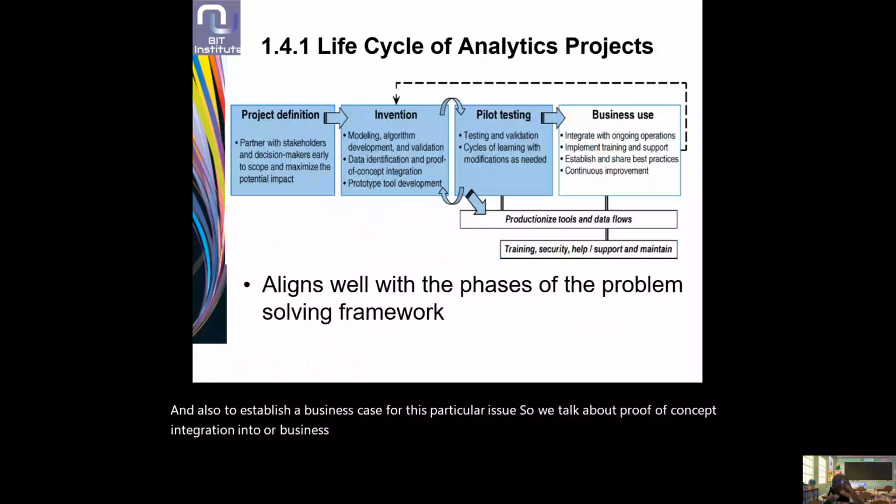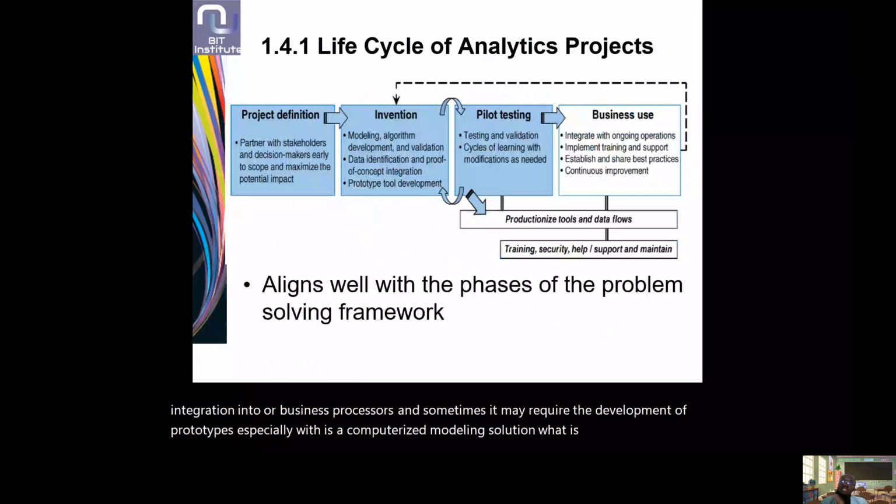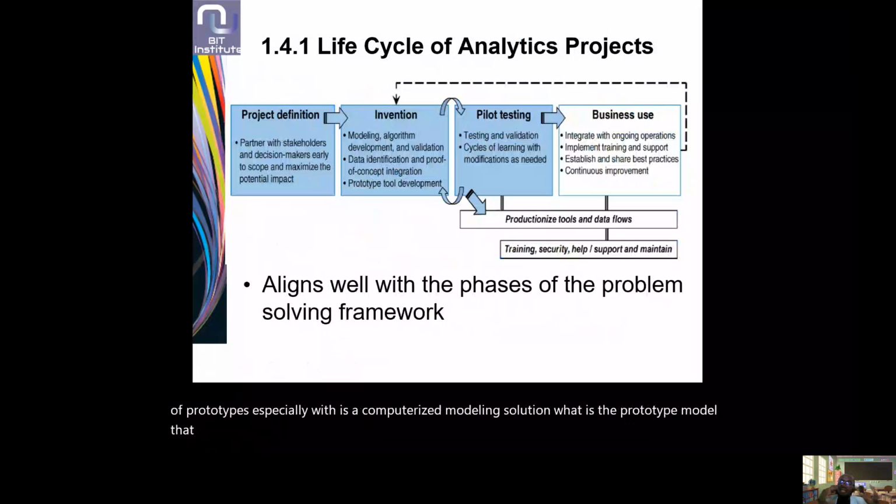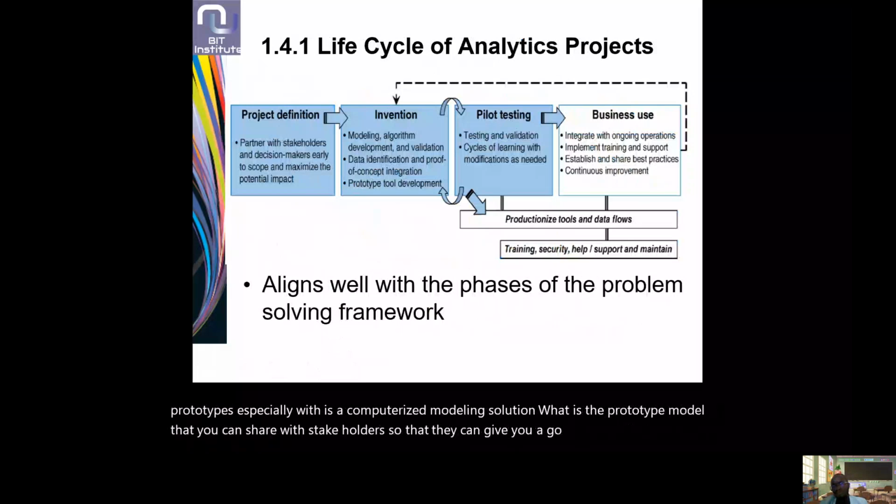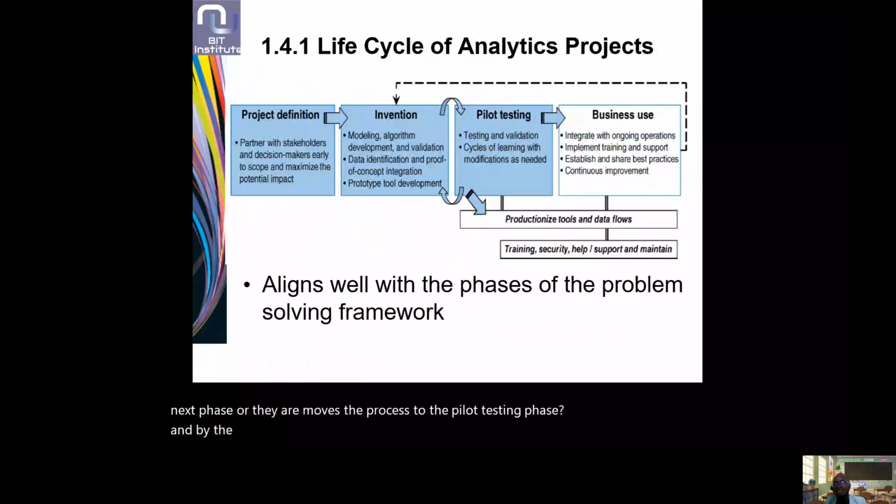And sometimes it may require the development of prototypes, especially if it is a computerized modeling solution. What is the prototype model that you then share with the stakeholders so that they can give you a go-ahead to proceed to the next phase? This then moves the process to the pilot testing phase. And by the way, the invention and pilot testing are iterative, so you can move back and forth between invention and pilot testing.